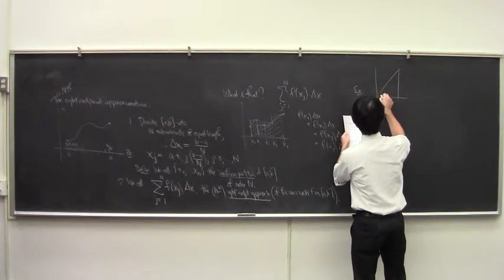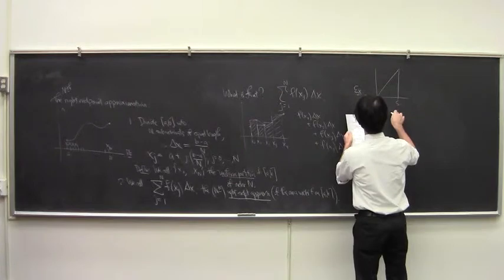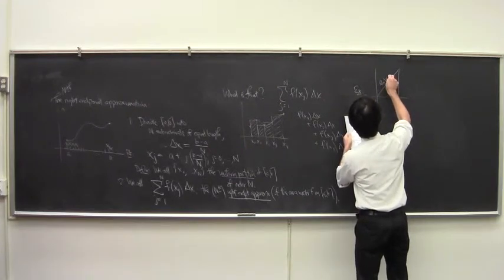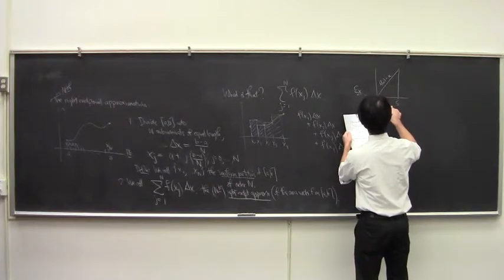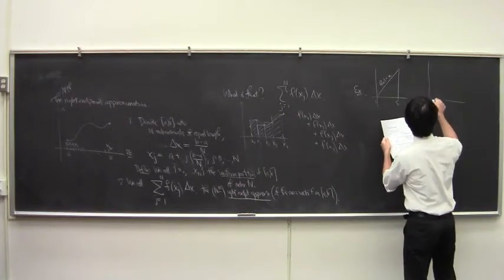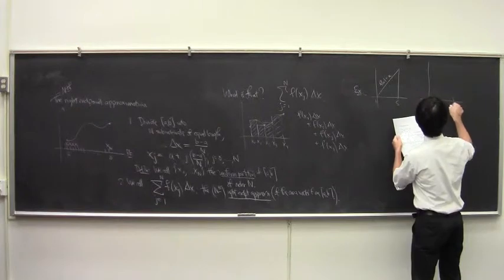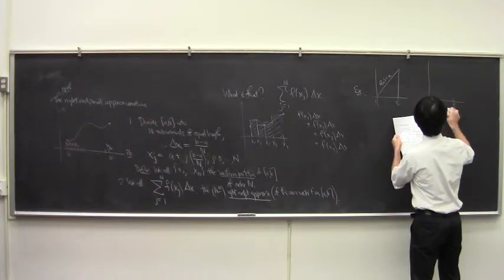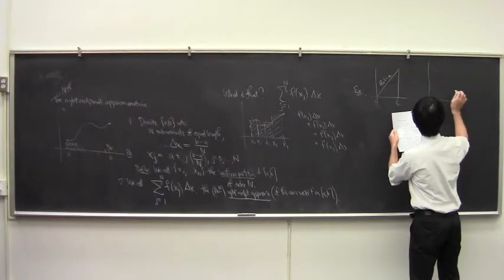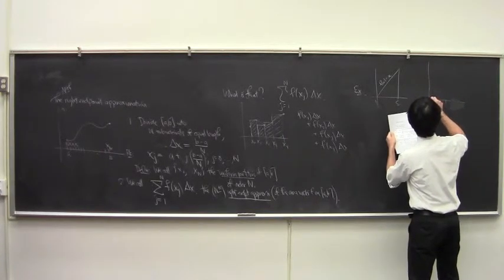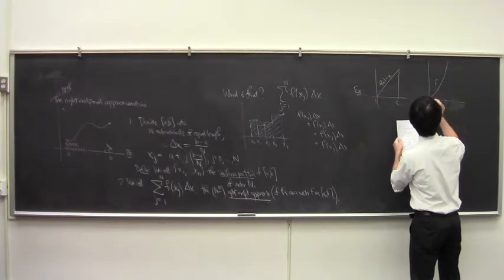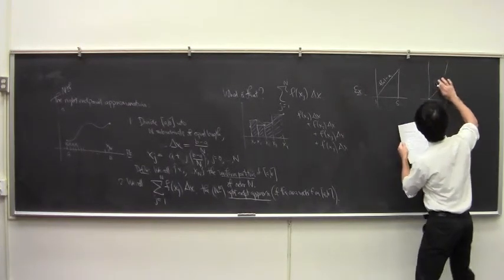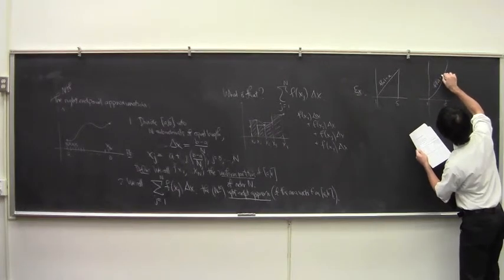Let's say that you go from 1 to 5, and f of x is x, and let's do also 1 to 5, and f of x is going to be x squared.